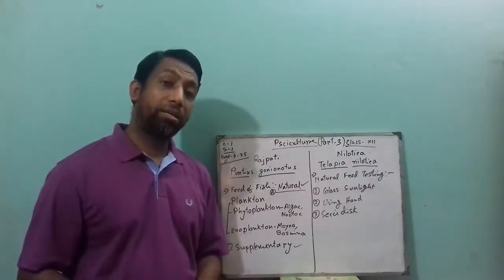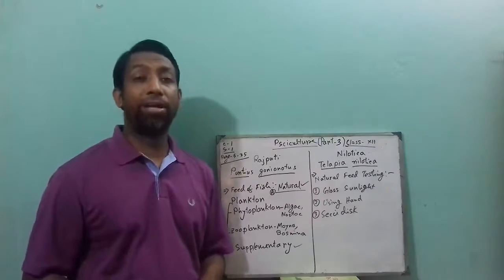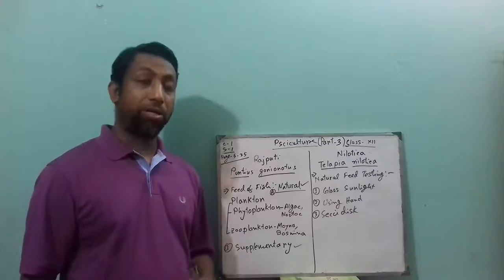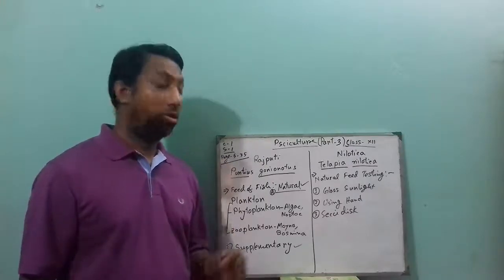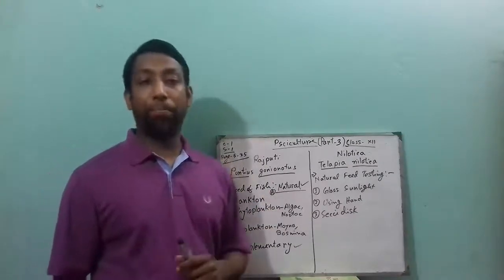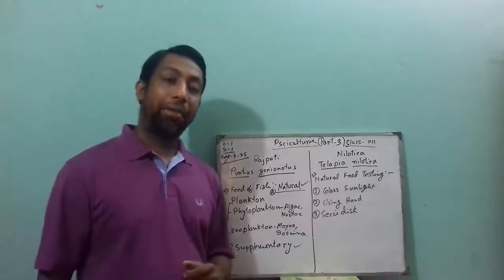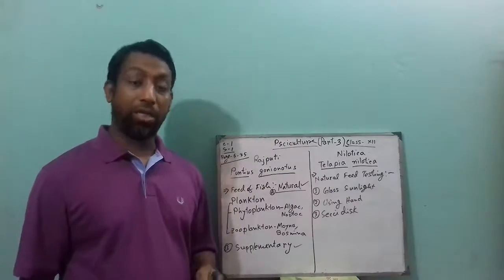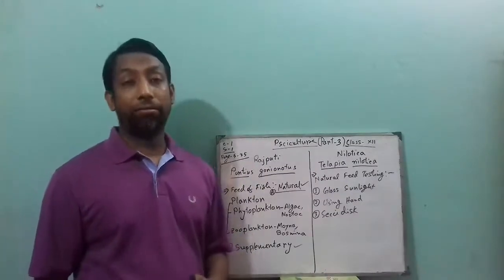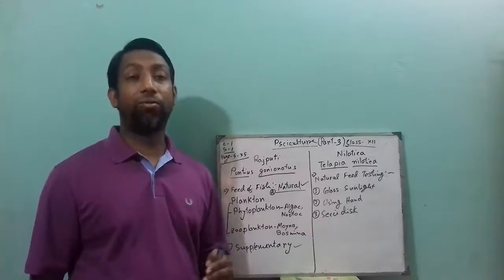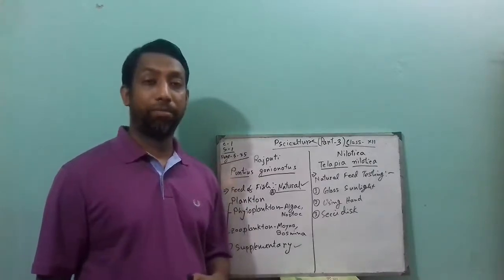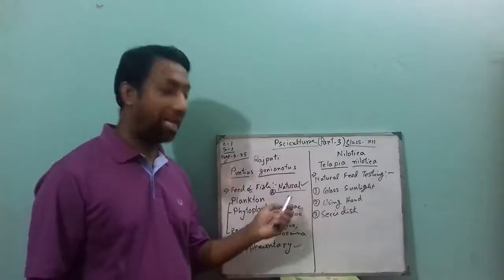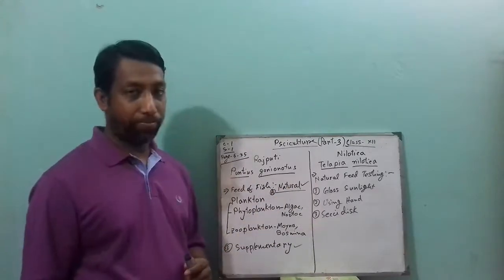It is quite hard or impossible to provide supplementary feed all the time, because if there is no natural feed available in the pond, you are not able to provide supplementary feed all the time. If it is so, then the cost of culture will be high. So that is why we have to depend on natural feed as well as supplementary feed.